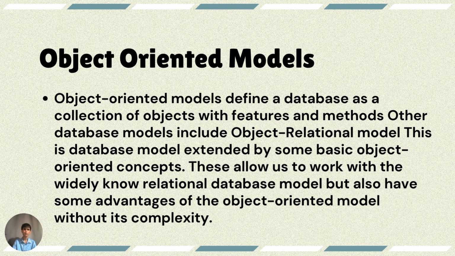By adopting this model, we can take advantage of enhanced functionalities without falling into the complexity that often accompanies pure object-oriented systems. This makes it a practical option for many applications.